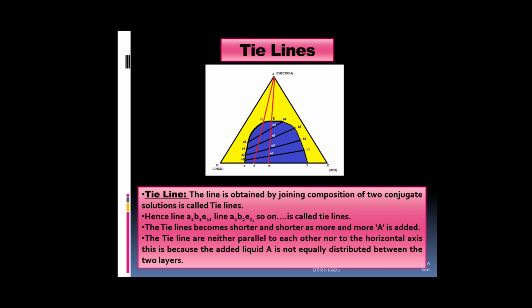Also, the tie lines are neither parallel to each other nor to the horizontal axis. This is because the added liquid A is not equally distributed between the two layers. Here, these are the various tie lines, and they are neither parallel to each other nor to the horizontal axis, that is BC.